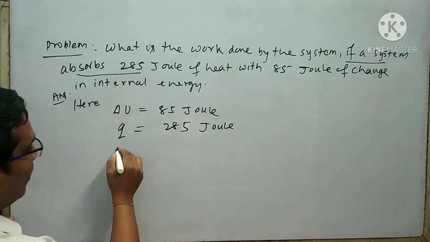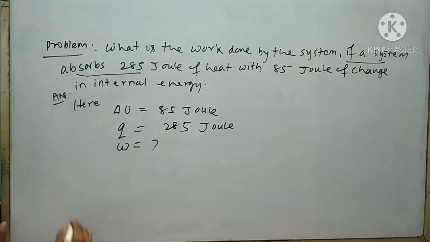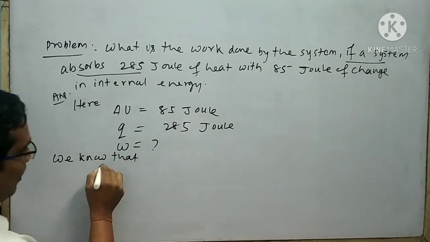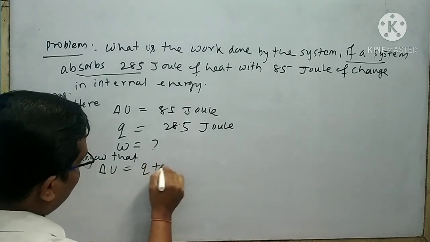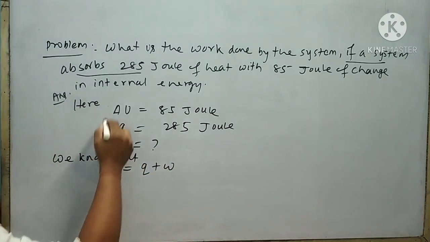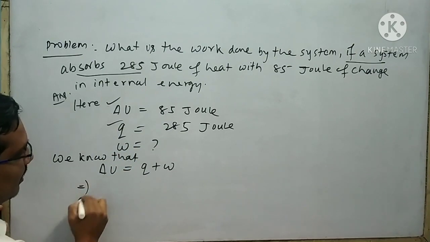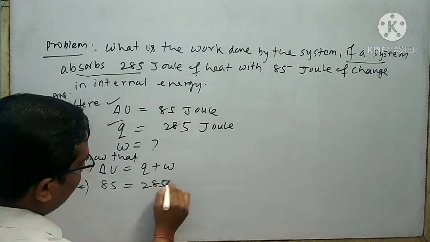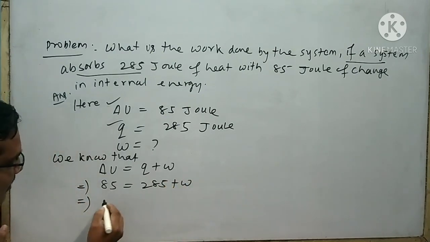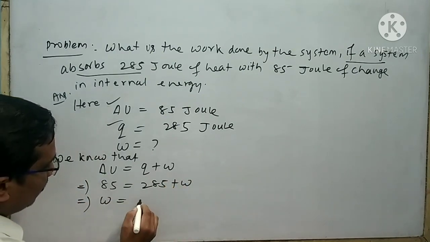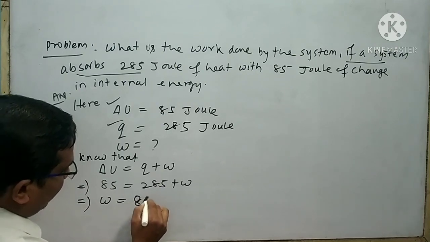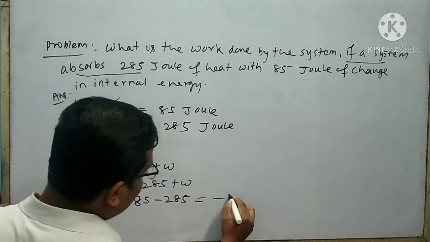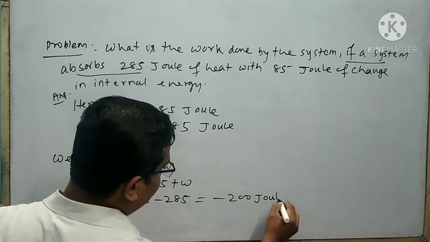Our aim is to find out the value of W. We know that del U equal to Q plus W. Now put the value of del U and Q in this equation. Then I can write 85 equal to 285 plus W. That means here I can write W equal to 85 minus 285, which is equal to minus 200 joule.